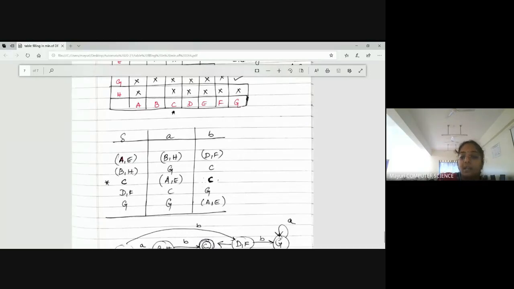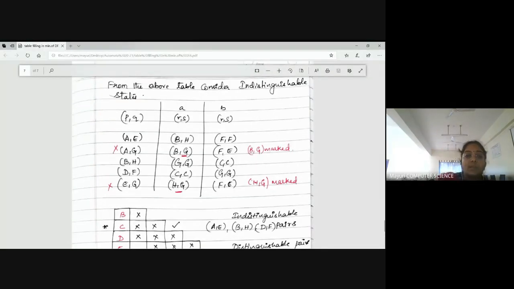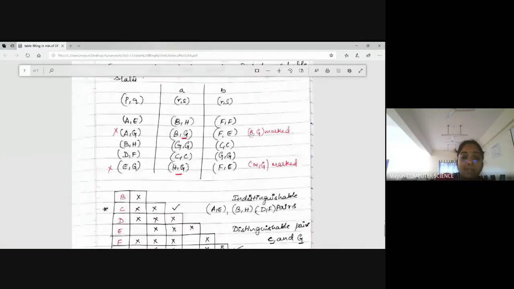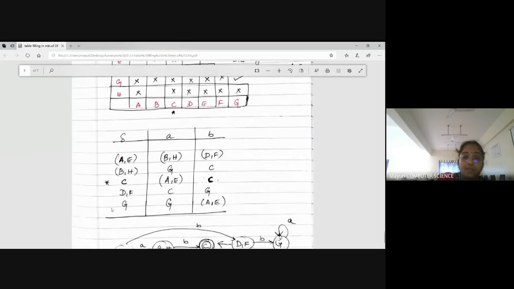Just look at BH. On A, it is going to GG, right? But I don't have a state called GG, but I have G. So then it goes to G. On B, it goes to CC earlier. Since I don't have CC, but I have a state called C, I will go to C. Then go with the C category.